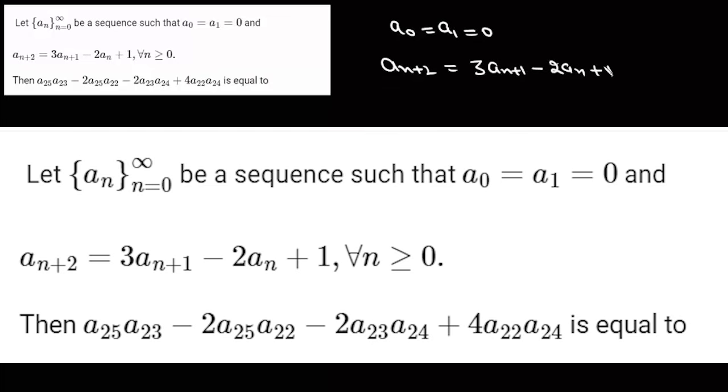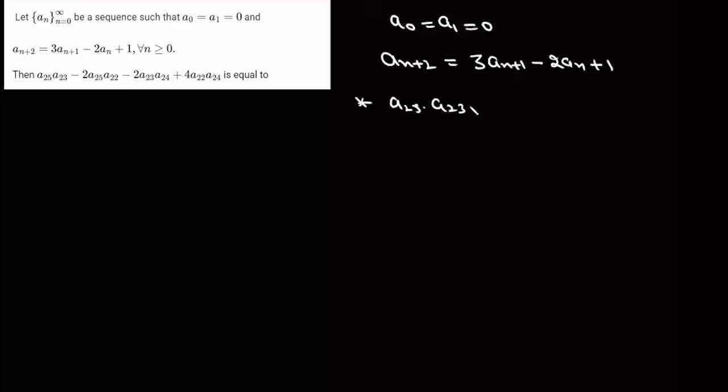Then we need to find a25 into a23 minus 2 times a25 into a22 minus 2 times a23 into a24 plus 4 times a22 into a24.